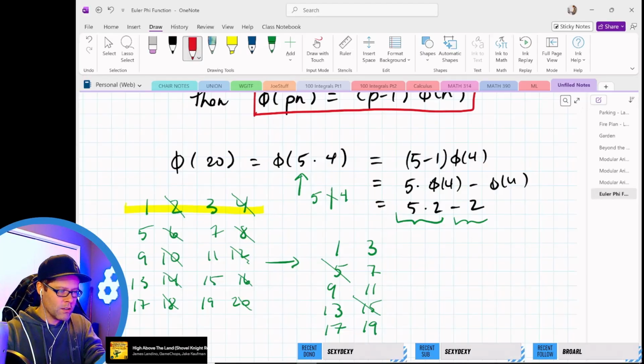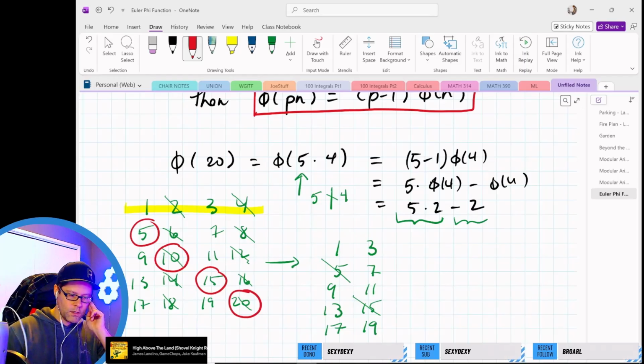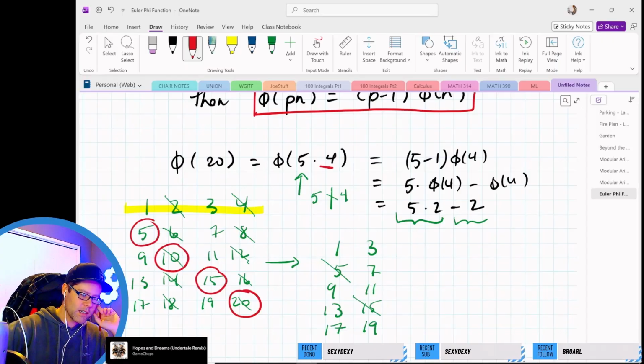If we count all of them, maybe we'll get some insight. So all of the multiples of 5 would be here. So those are all of the multiples of 5 on the way from 1 to 20. And oh, that's interesting. So we expect to see 4 of them on the way up to 20 because we're in a multiplicative by 4 environment.